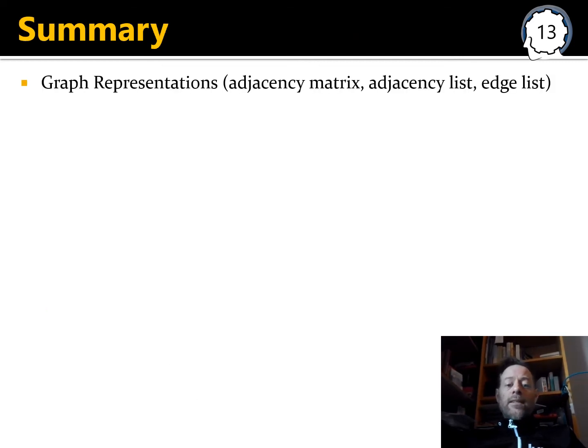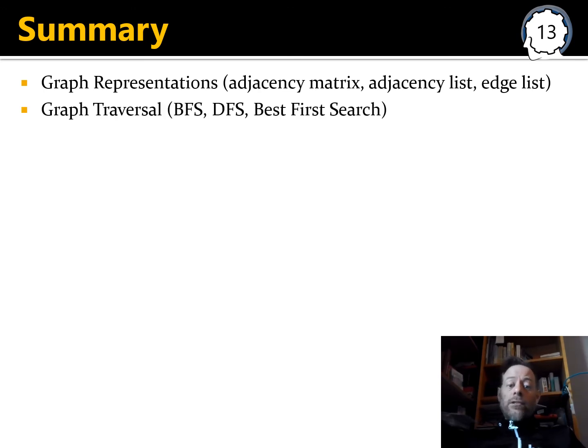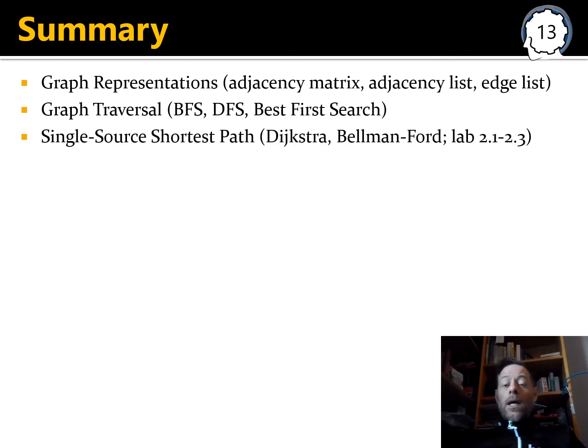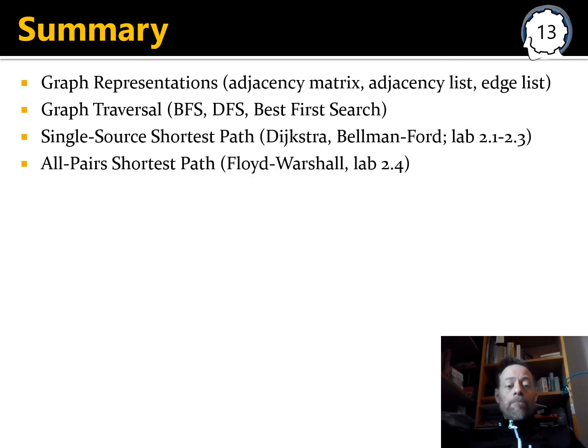To summarize, in this lecture I've been talking about graph representations: adjacency matrices, adjacency lists, and edge lists. I've talked about graph traversal: breadth first search, depth first search, best first, and A-star search. I've talked about single source shortest path, Dijkstra, which is the default case unless you have negative cycles, in which case you would use Bellman-Ford.